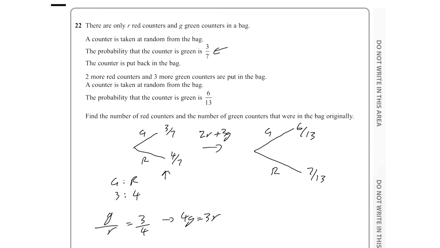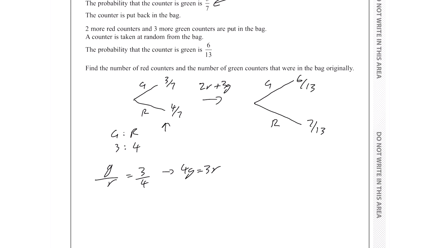And then we're told they've added, so we've got green. They've added 3 to the green. We've got red. They've added 2 to the red. And then that's changed the probability to become 6 and 7.